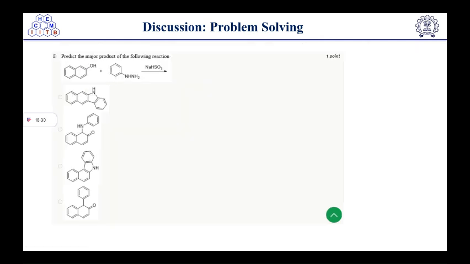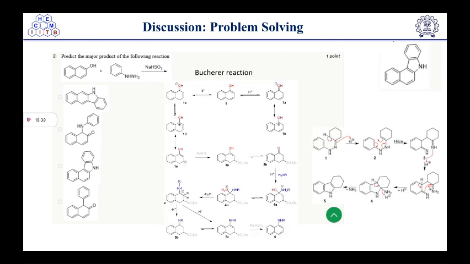Next question. Predict the major product of the following reaction. So again, this is the Bucherer reaction. We have discussed the mechanism earlier. So instead of phenol, now we have here naphthol. In naphthol, I have discussed this Bucherer reaction mechanism.